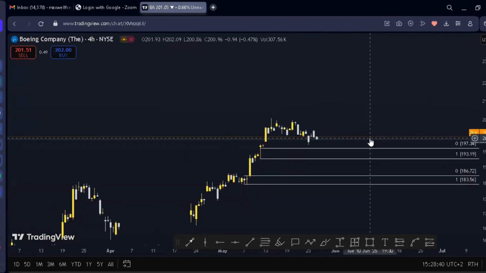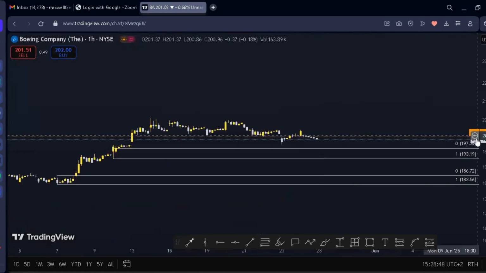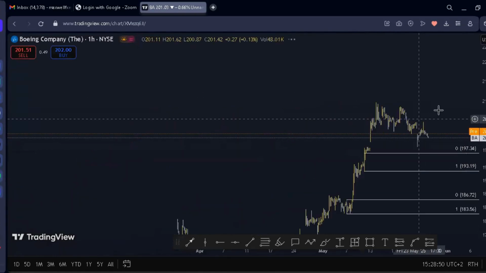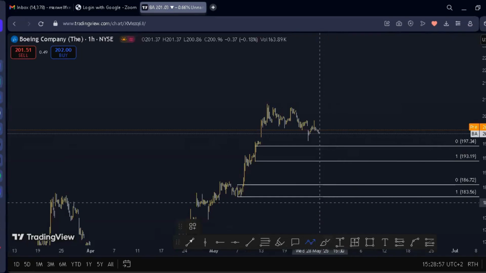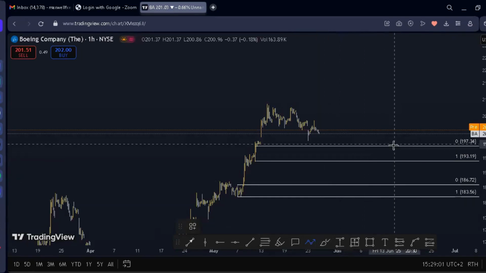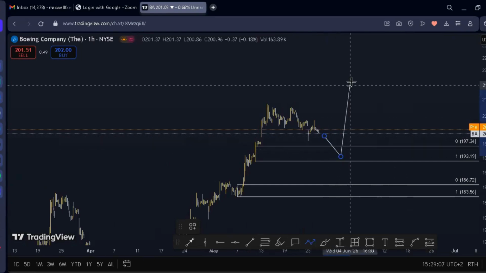So with investing in stocks, it's different. I'm gonna give you an idea here. So let's say you are interested in buying Boeing, which at current price is $202 per share. So you can buy here at 198, but there's a possibility that price won't push up from here.